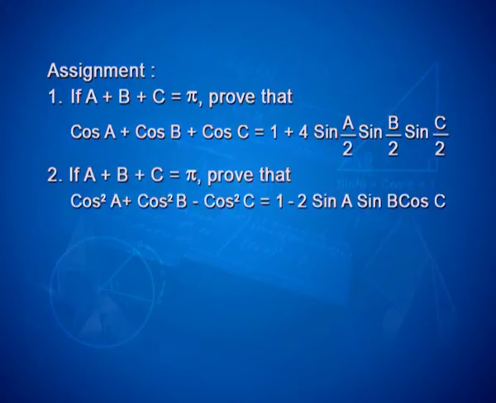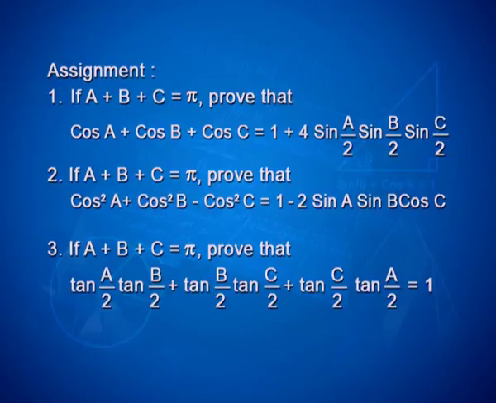If a plus b plus c is equal to pi, prove that cos square a plus cos square b minus cos square c is equal to 1 minus 2 sin a into sin b into cos c. Question number 3. If a plus b plus c is equal to pi, prove that tan a upon 2 into tan b upon 2 plus tan b upon 2 into tan c upon 2 plus tan c upon 2 into tan a upon 2 is equal to 1.